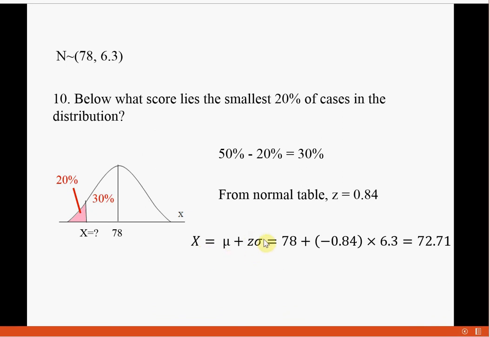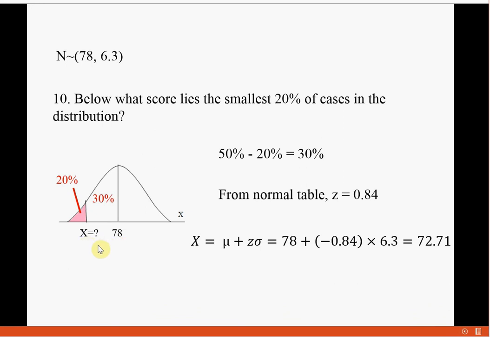Okay. Now again, why do I have this negative sign here? We find the z-score from the table is 0.84, but you have to remember that this x value is below the mean. From this diagram, it's obvious it's below 78.